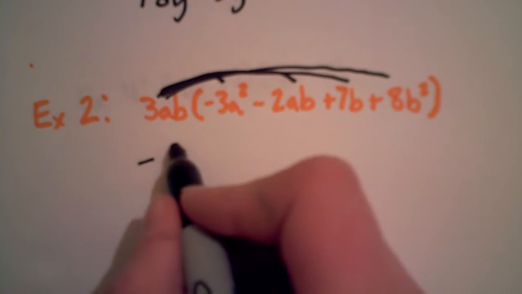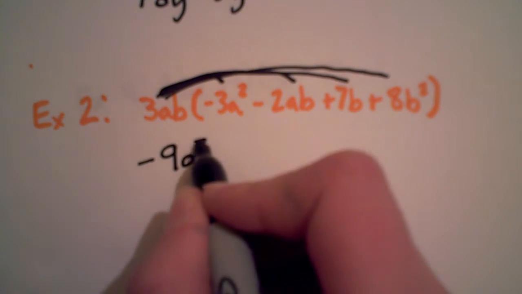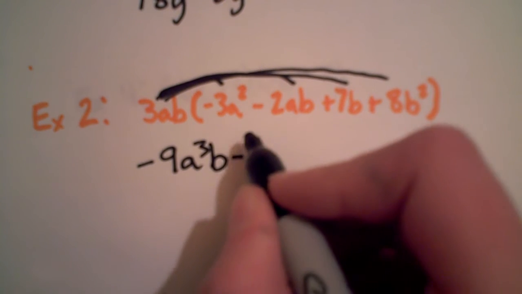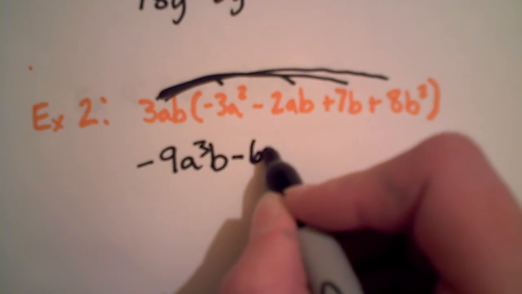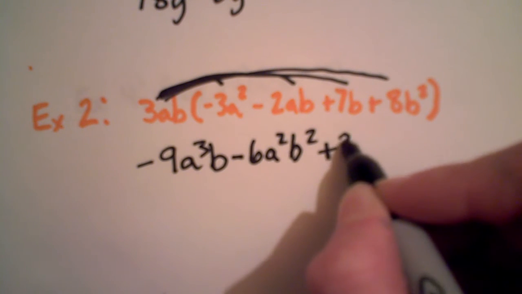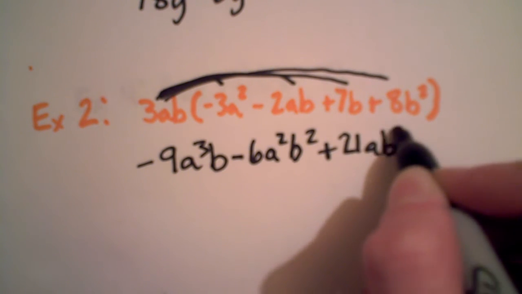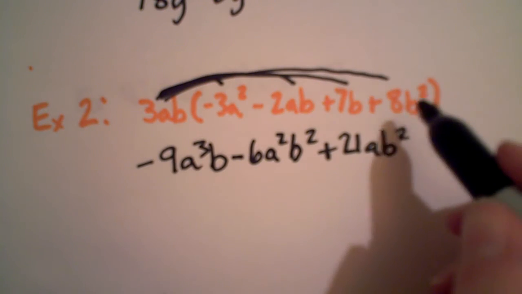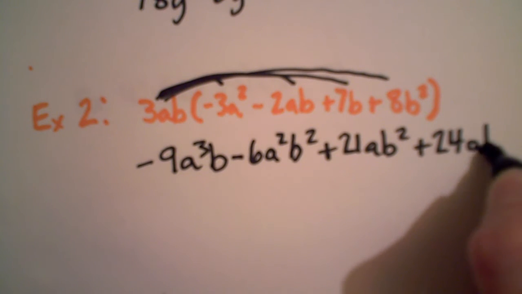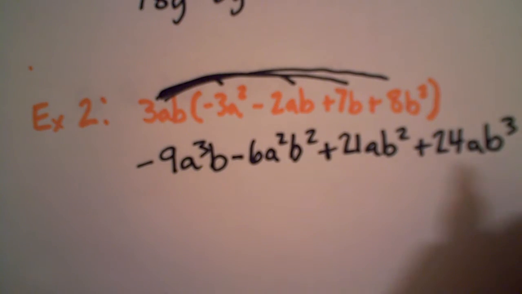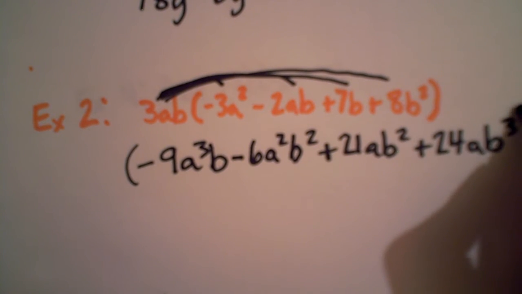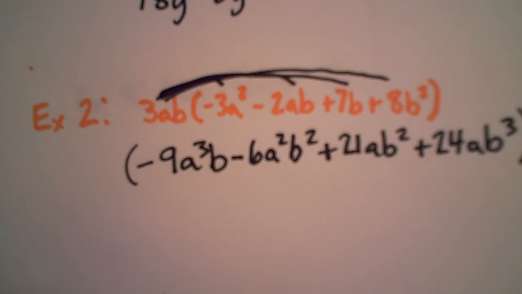So negative 9a cubed b, that's just the first, minus 6a squared b squared plus 21ab squared plus 24ab cubed. Now, because of all these a squared, b squared stuff, you're not really going to get it any simpler, so you're just going to leave it as is, and that would be your answer.